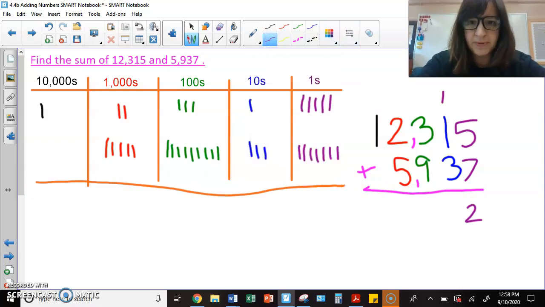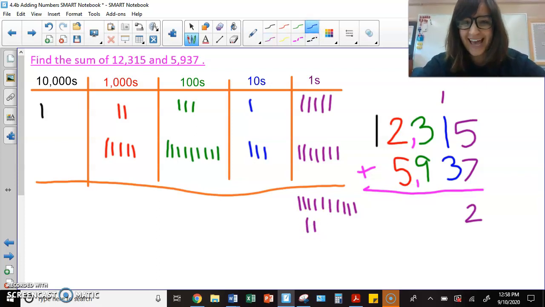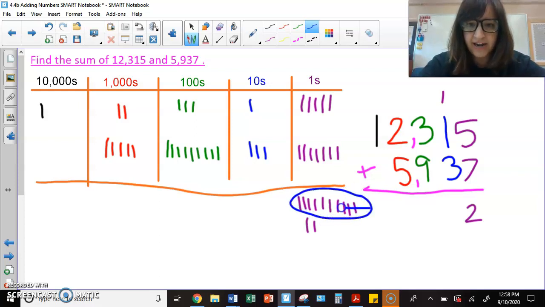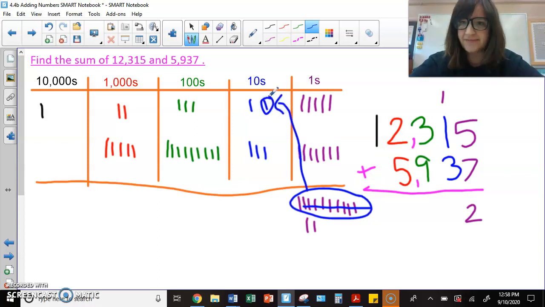All right, so when I put these together, I get 12. 1, 2, 3, 4, 5, 6, 7, 8, 9, 10, 11, 12. So what I'm doing is I'm taking 10 of these ones and I'm changing them into another ten.